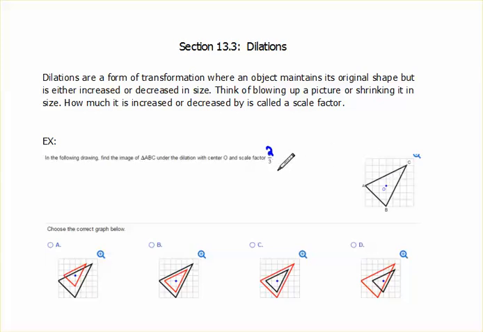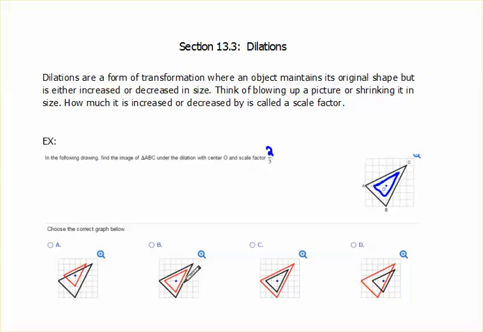It's going to decrease it because 2/3 is less than 1. So that would be about 67%, something like that. So we're making it smaller than its original. So just think about taking that triangle and shrinking it down smaller than what it already is. It would look something like that, right?